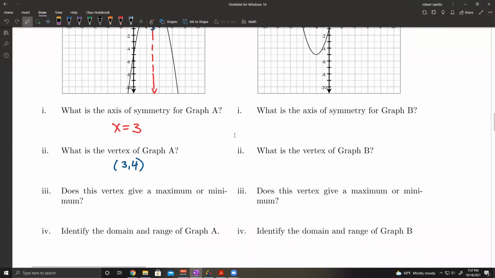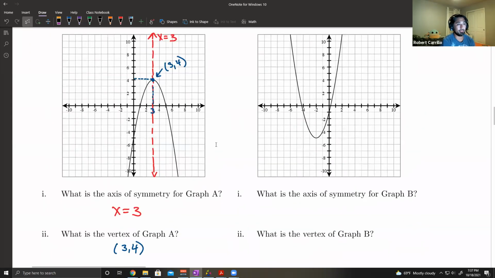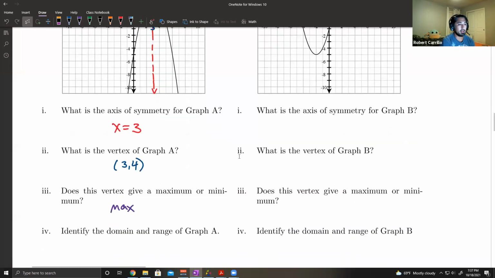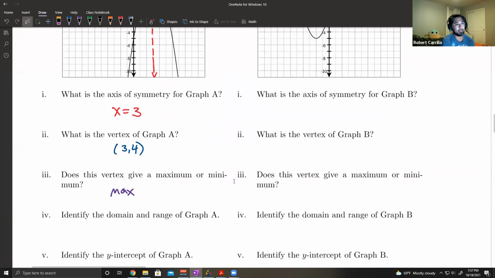Maximum. A maximum. Good. So this gives us a maximum. I'll even label it up here. So this is also a maximum.